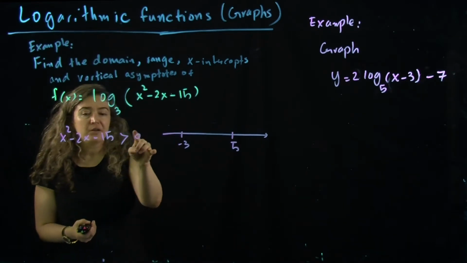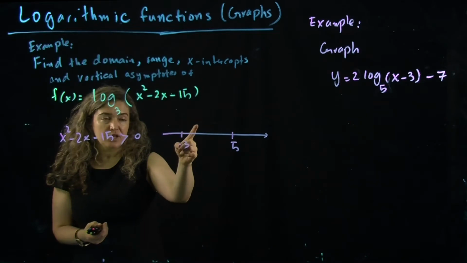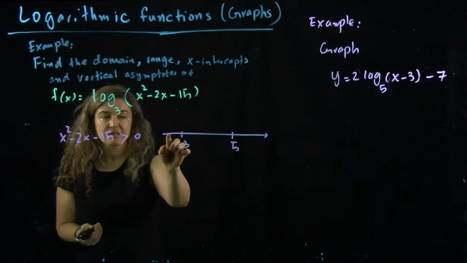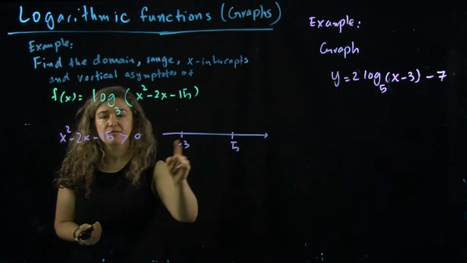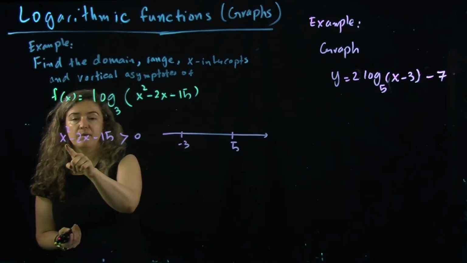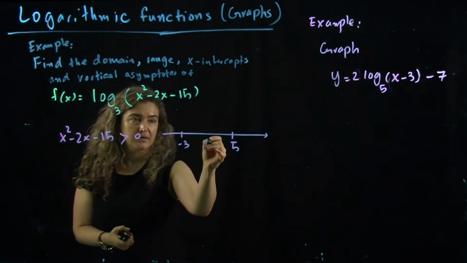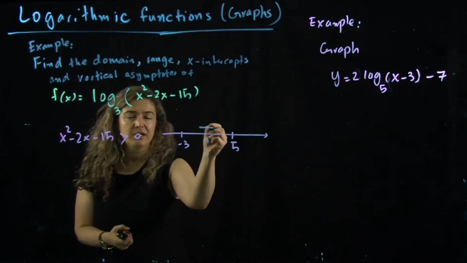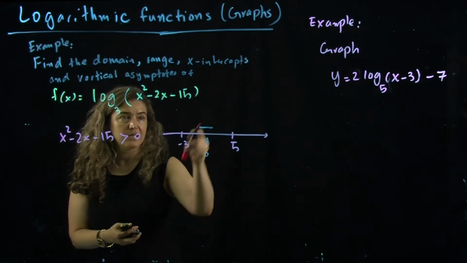To do that, I can use test points. Something between -3 and 5 would be 0. If I plug in 0 in here, the value is going to be negative, so that's not part of the answer that I want.